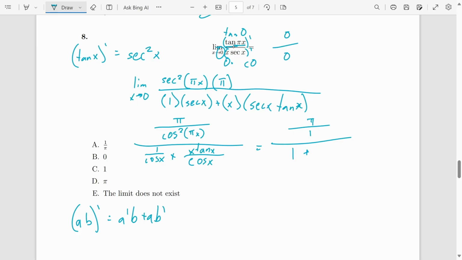Tangent of 0 is just 0, so this whole right side is just going to be 0. On the top we got pi over 1, that is just pi, and on the bottom we also just have 1, so this is all just equal to pi.